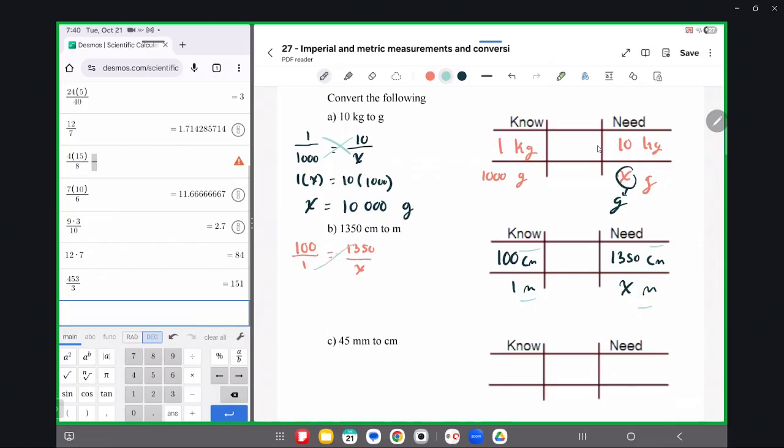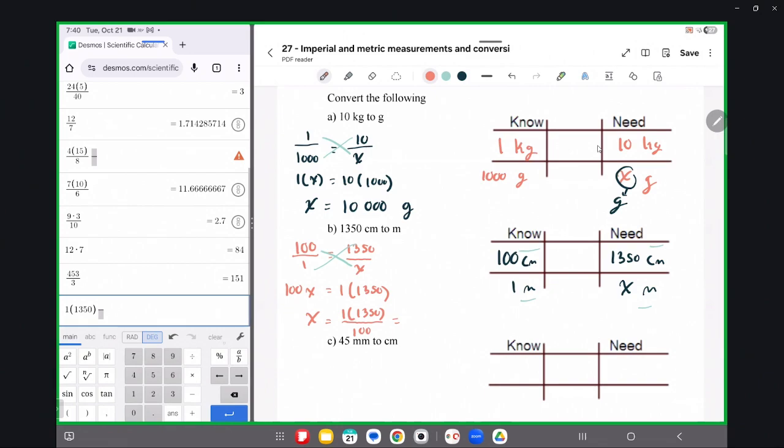Using the means and the extremes, you multiply these out. So it'll be 100x is equal to 1 times 1,350. So x will be equal to 1 times 1,350 divided by 100. You can use a calculator to figure this out, or computational power, either is okay with me.